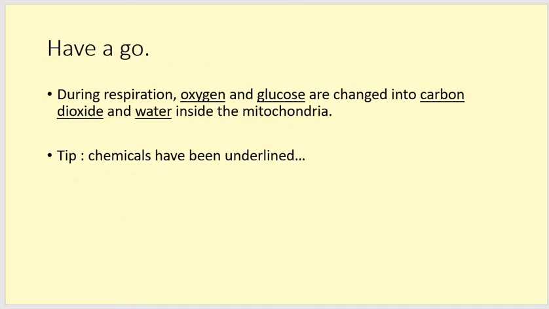So let's practise it. Now, here is a sentence about a reaction. During respiration, oxygen and glucose are changed into carbon dioxide and water inside the mitochondria. So it's telling you what the process is, respiration. It's telling you all the chemicals that are involved. I've underlined those because I'm feeling kind today, and it's telling you where it happens.